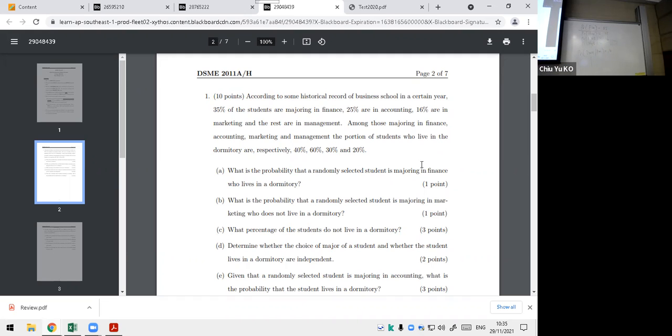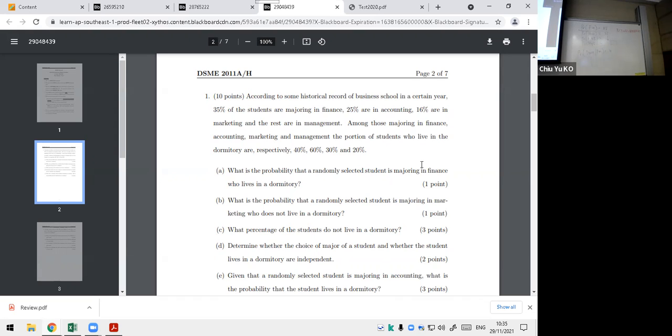So it's 0.4 times 0.35. Why? Because the formula is: probability of A and B equals probability of A given B times probability of B. That's called the multiplication rule, and here we apply it exactly.